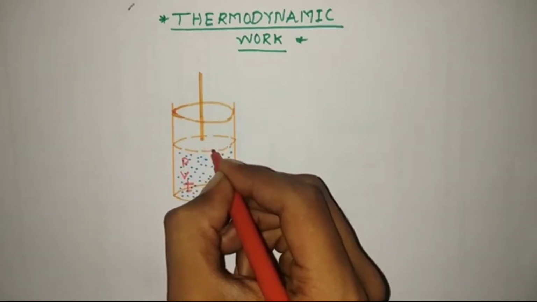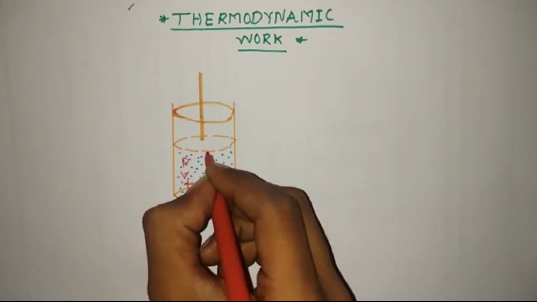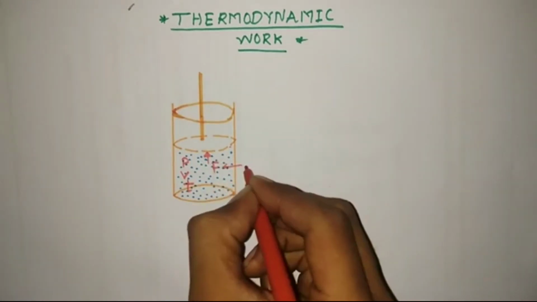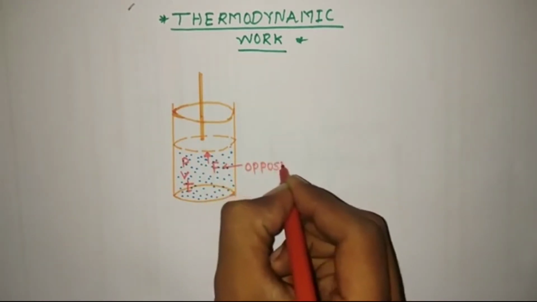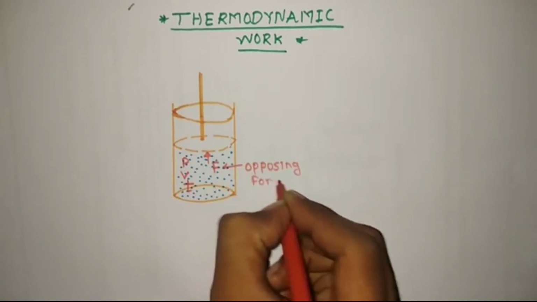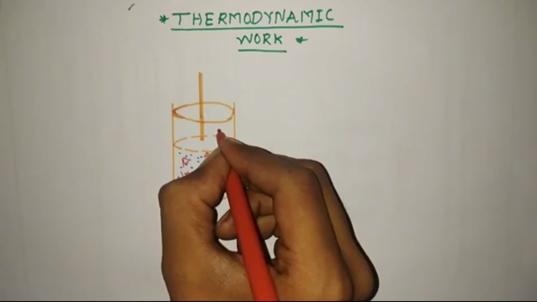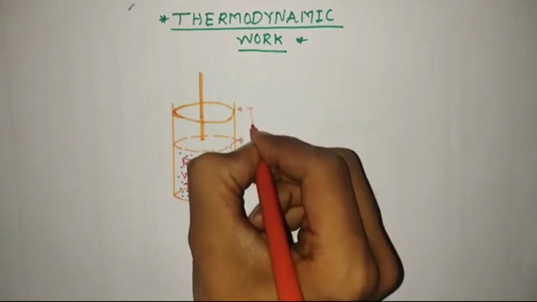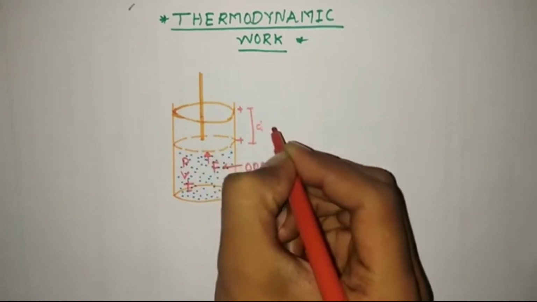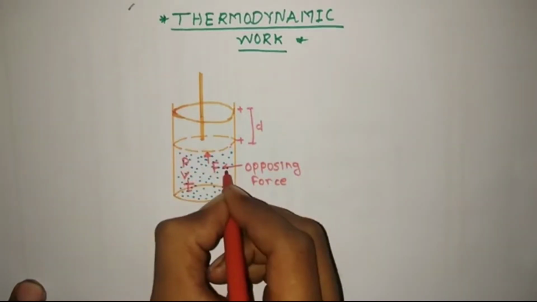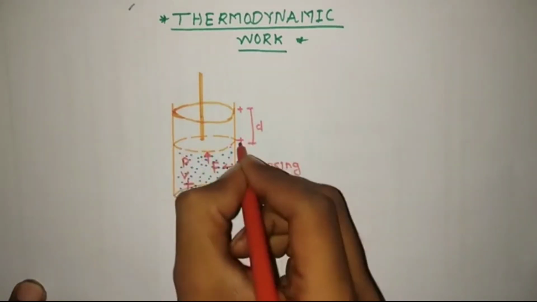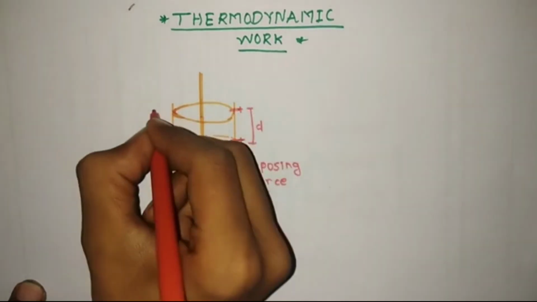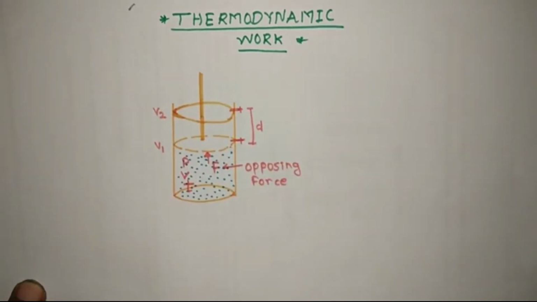When an opposing force F is acting on the piston, it moves from this point to this point with a displacement d. The volume of the matter when the piston is at this position is V1, and when the piston moves up to this position it is V2, which means the volume changes.